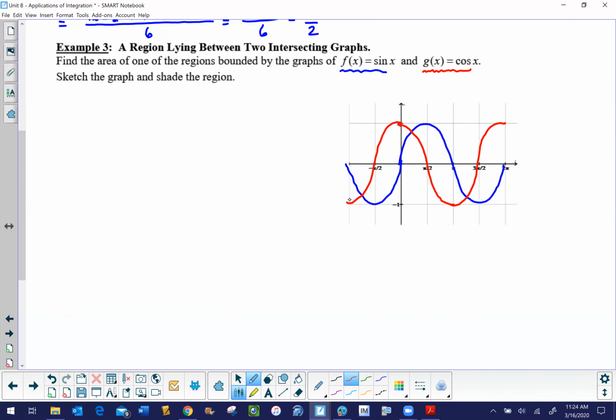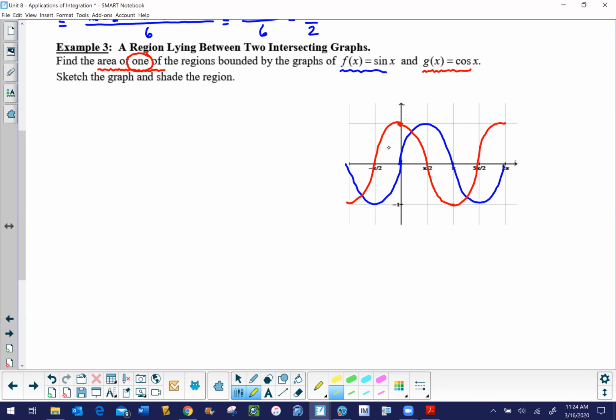So there are our curves, I should say. And with trigonometry, things repeat themselves forever in both directions. So we have an infinite number of regions here. We can find the area of one of the regions, it says, one of the regions. If we just look from the left, we have options.